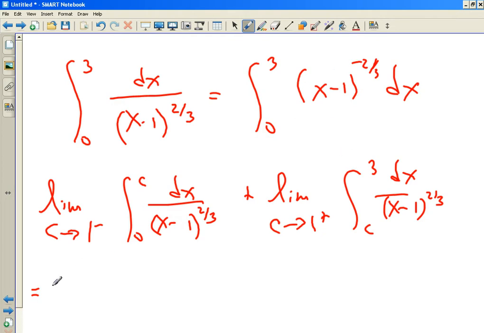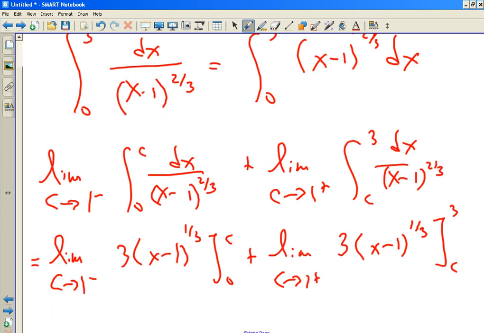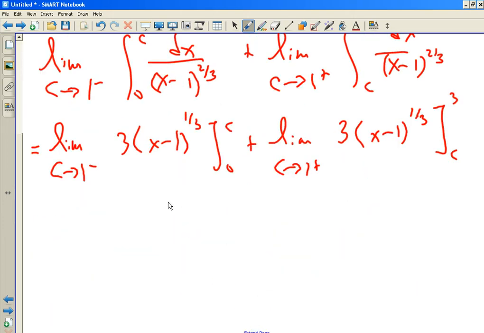So it's the limit as c approaches 1 from the left of 3 times this to the 1/3, or the cube root if you want to write a cube root, from 0 to c, plus the limit as c approaches 1 from the right of the same antiderivative with these limits of integration. If you like to write cube roots, more power to you.